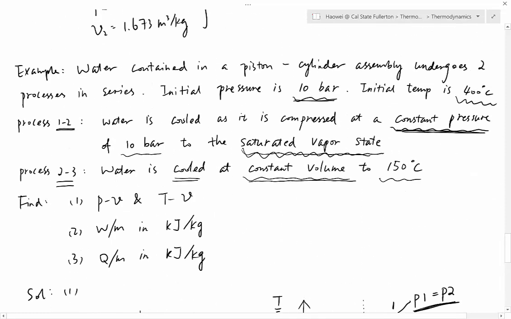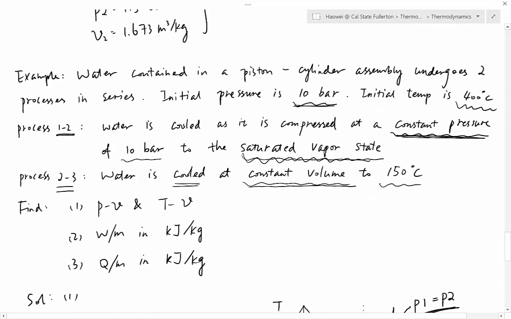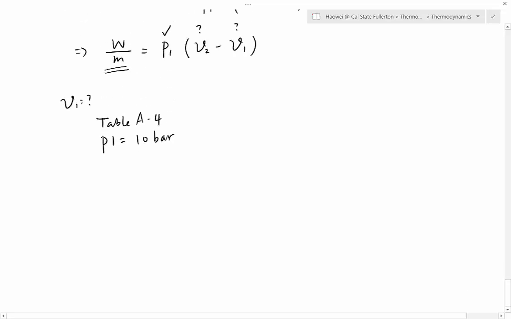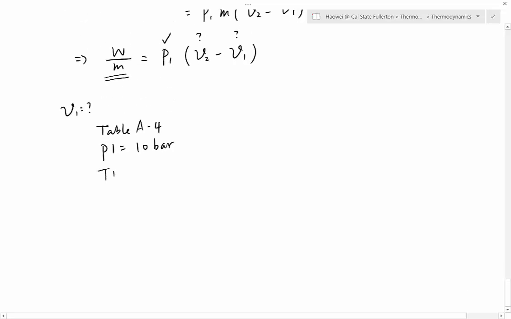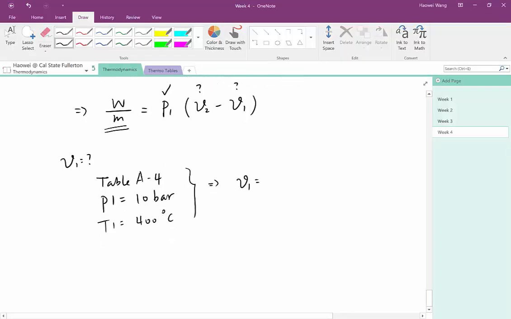What else do we know about the initial state? We know the initial temperature, 400 Celsius. So we know T1. T1 is 400 Celsius. And from here, we can easily find nu1. Okay, so now let's go to the table A4.